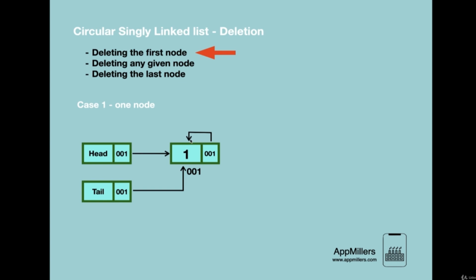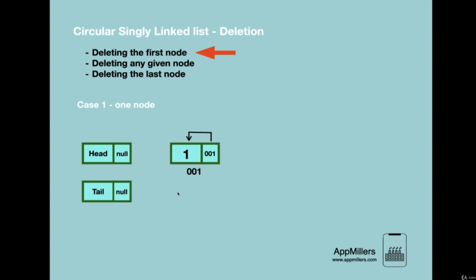To delete this node, the first thing we need to do is update the reference of head to null. By doing this, we are deleting the connection between head and this node. Then we continue to update the tail reference. If we update the tail reference to null, it deletes the connection between tail and this node.